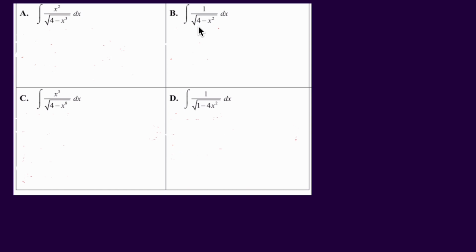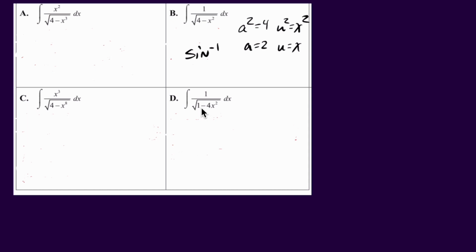Here, this looks like a classic inverse sine, where we're going to have a squared in front. We're going to let a squared equal 4 and let u squared equal x squared. A is going to equal 2 and u is going to equal x. So that would utilize inverse sine. Same thing here.